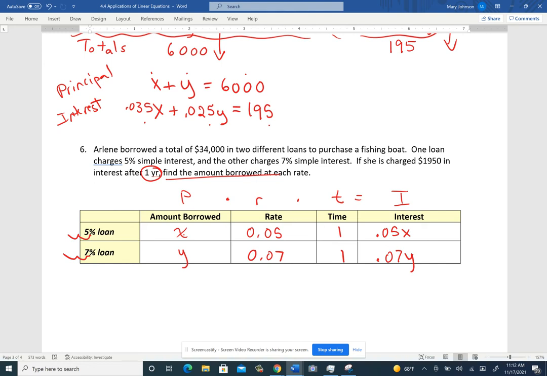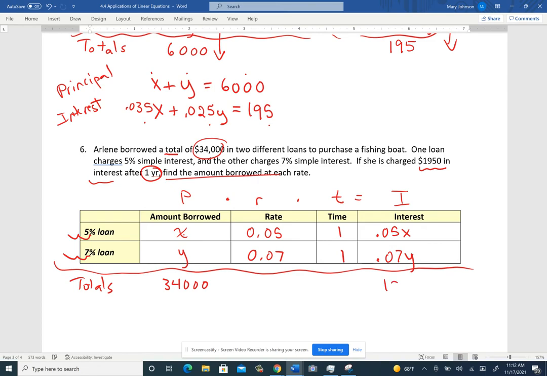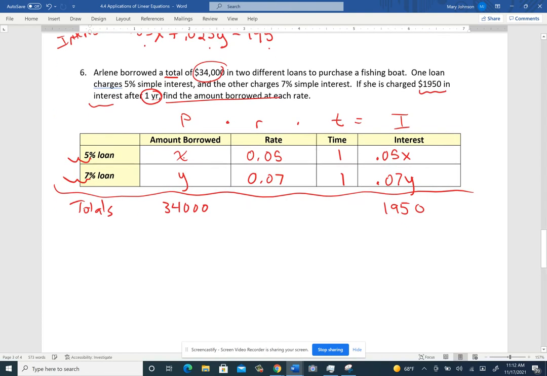And then just like before, she borrowed a total of $34,000. So this is where I'm going to have my little totals area. So 34,000 all total, and she's charged 1,950 in interest. So that would be the total amount she winds up owing in interest. Okay.